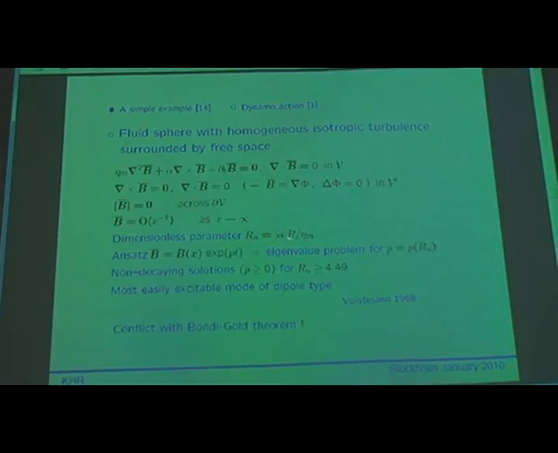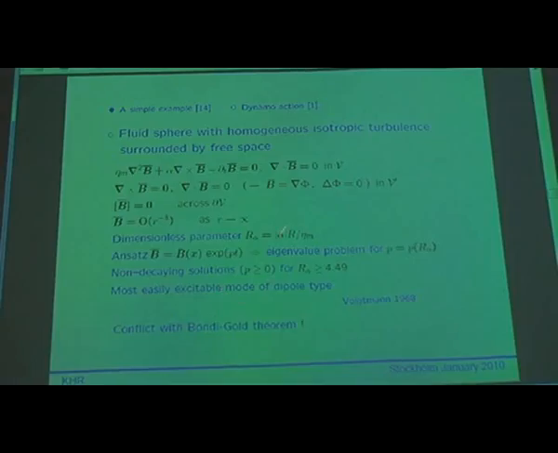You can define a parameter R alpha, which is related to the magnetic Reynolds number. Alpha has a dimension of velocity. If you make this ansatz, you can reduce this to an eigenvalue problem for P, which depends on R alpha.